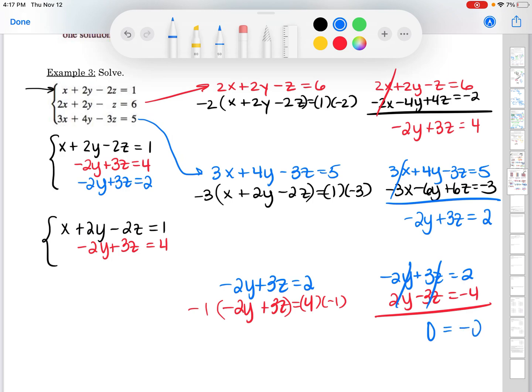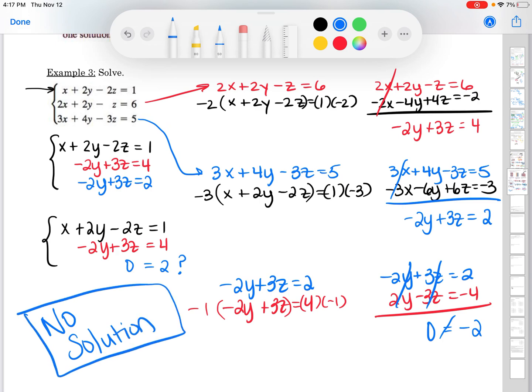I get negative 2 on the right. 0 does not equal negative 2. This doesn't make a whole lot of sense here. So we have no solution. Had I gotten 0 equaled 0, then I could have done something a little bit different.